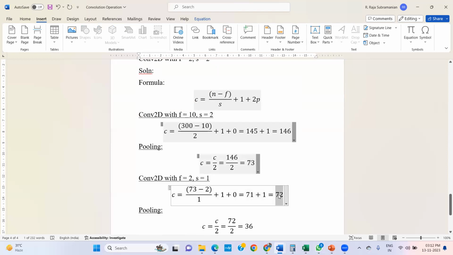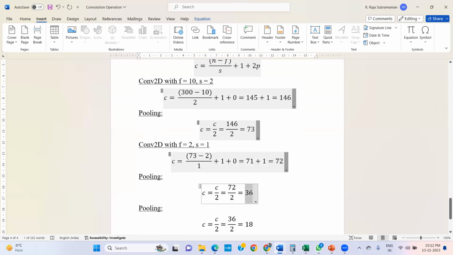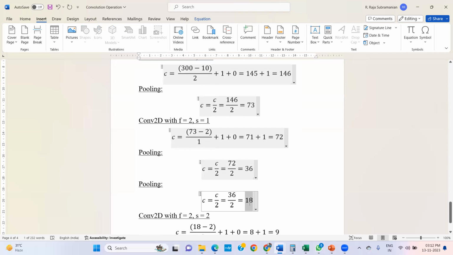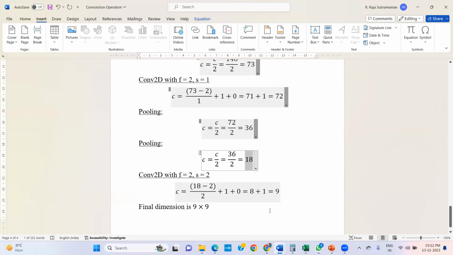Next, pooling again makes it half, 36. Again pooling, it becomes half, 18. The final operation was a convolution with filter size 2 and stride 2, which gives (18 minus 2) by 2 plus 1, which is 16 by 2, 8, plus 1, 9. So the final dimension of your image after all these operations is 9 cross 9.